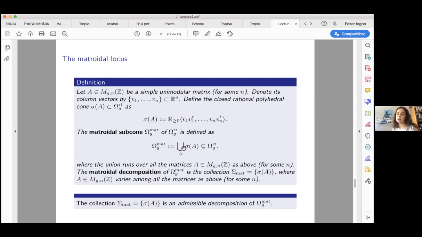This is contained inside Omega_g^rt, and it's called the matroidal locus. All right, so it's a statement that the collection of these cones yields an admissible decomposition of the matroidal locus inside Omega_g^rt, meaning that it satisfies the conditions I said in the beginning.